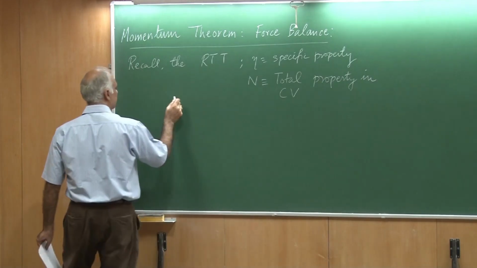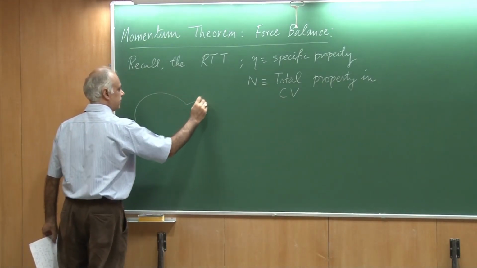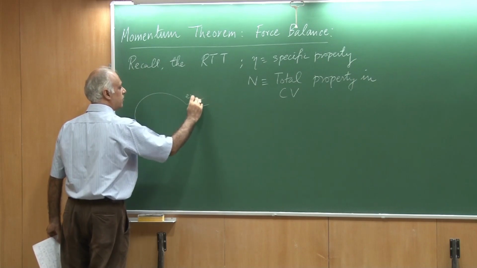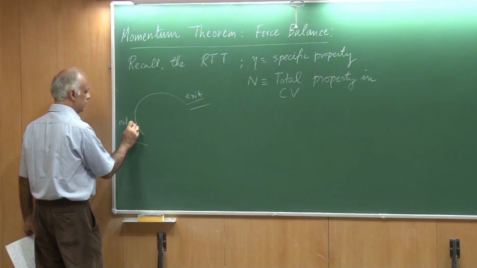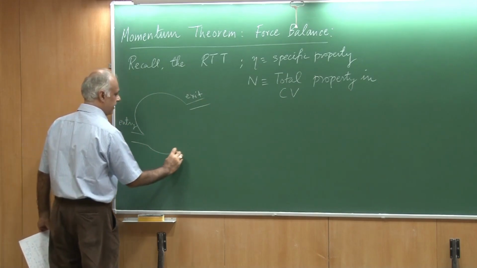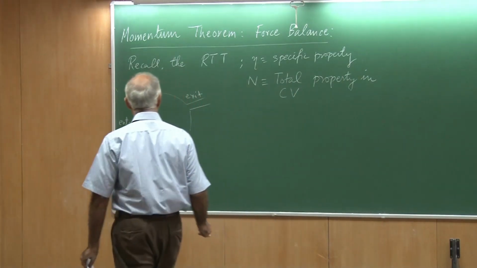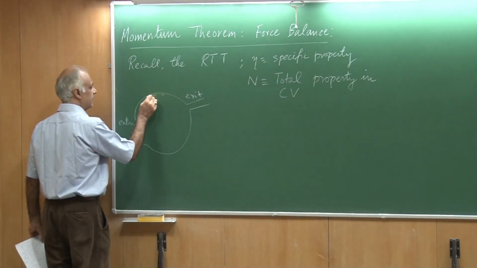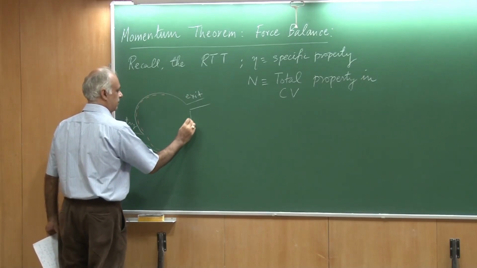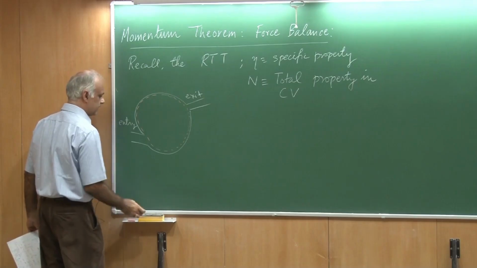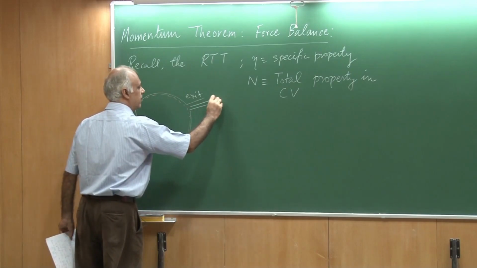And we had talked about the CV as something like this: there is an exit port, there could be an entry port, and there's fluid coming in and fluid going out.